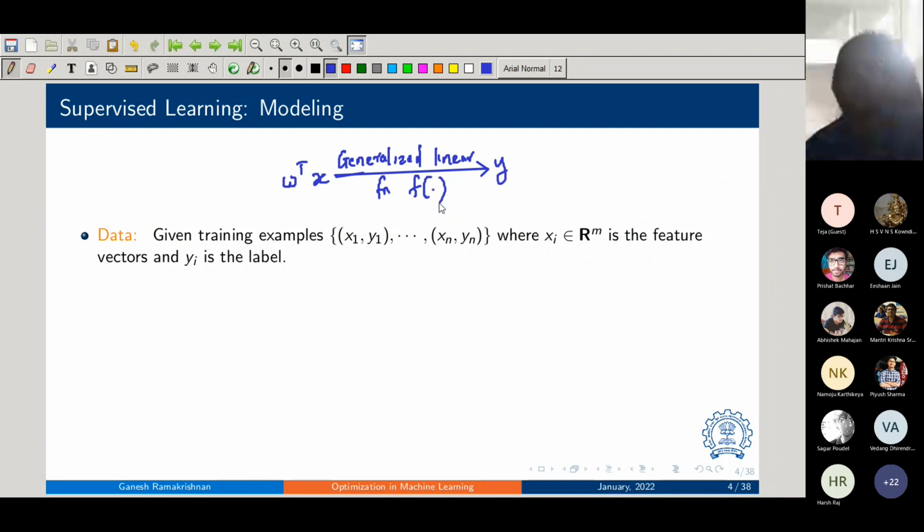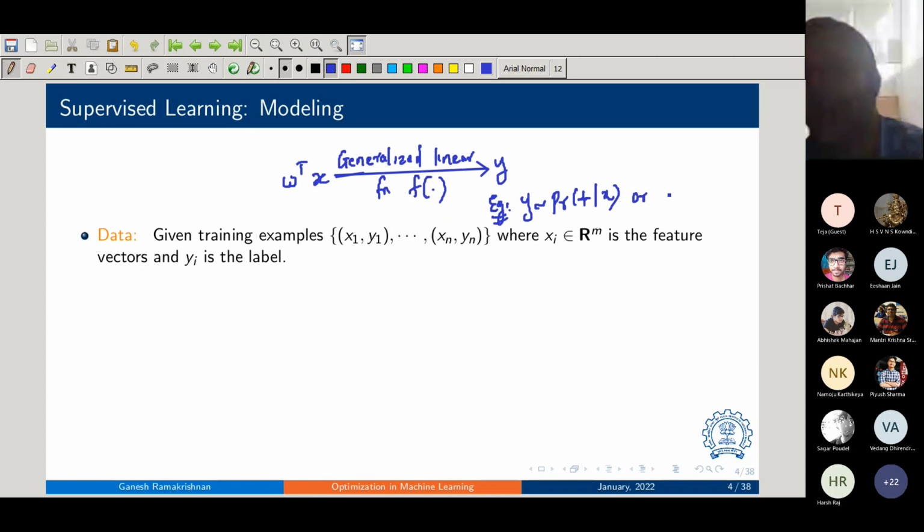So that even if y is a probability value associated with classes +1 and -1, your generalized linear function is able to accommodate the translation. So this y could be the probability of a positive label given the example x, or y itself could be w transpose x. So you could have f being an identity function. Any question?